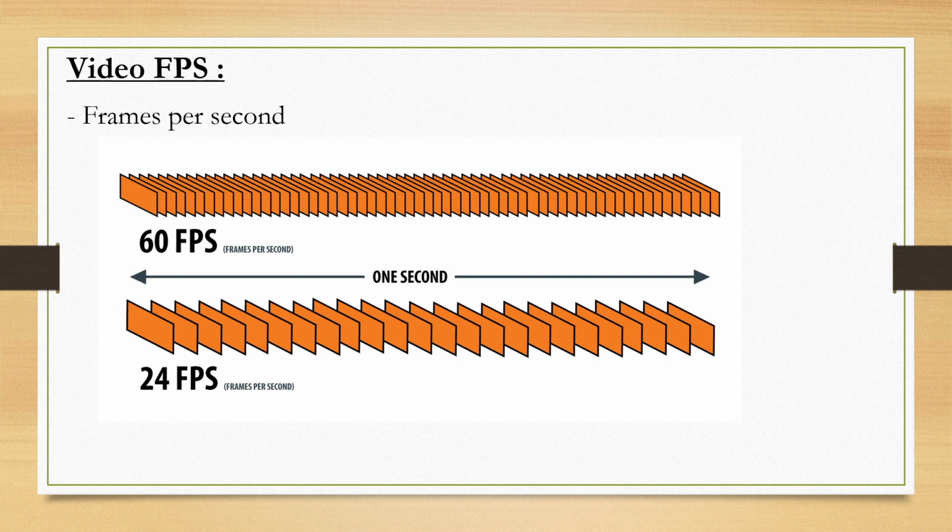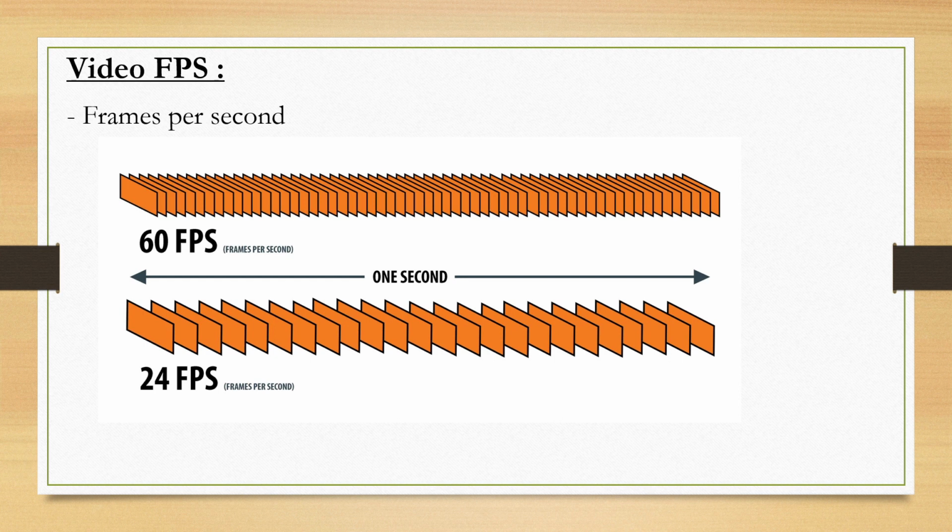Next, let's discuss video FPS, that is frames per second. Normally we usually see only 25 fps or 30 fps, but if you want, we can convert the video to 60 fps.